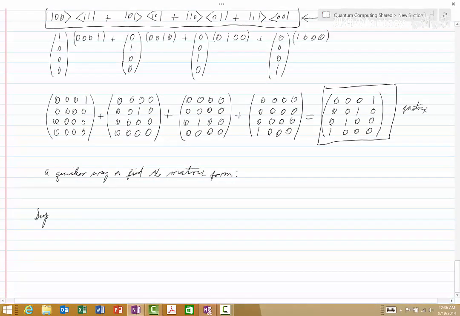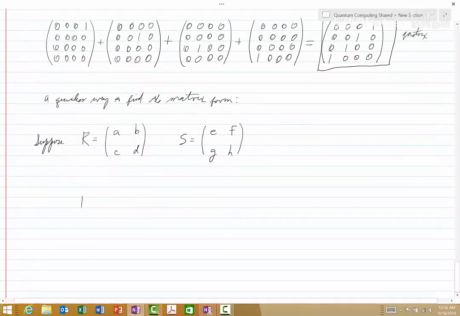Suppose R is equal to A, B, C, D. Then the tensor product. Well, actually, let me make this even more general, and let's suppose S is equal to E, F, G, H. Then the tensor product of R with S is actually the following.